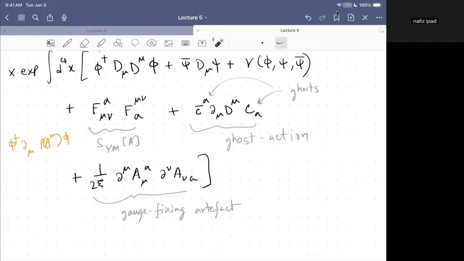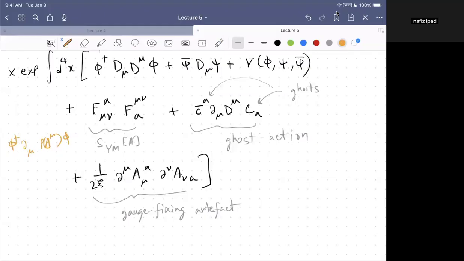You have a term like this. This term comes from, in here you pick the partial derivative, and in here you pick the term with the gauge field. And this is an interaction term, right? It has two copies of phi and one gauge field.